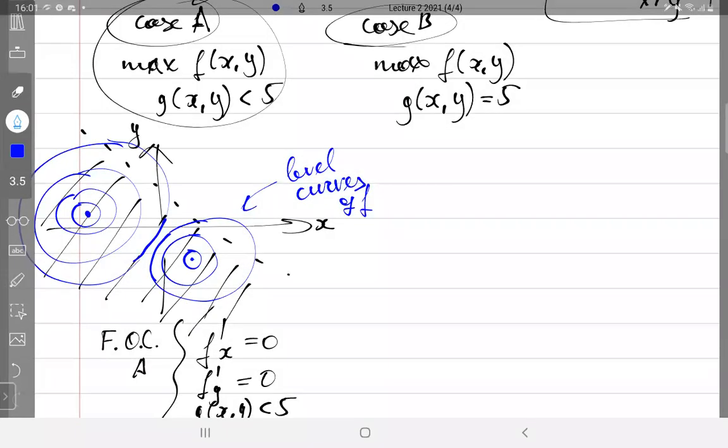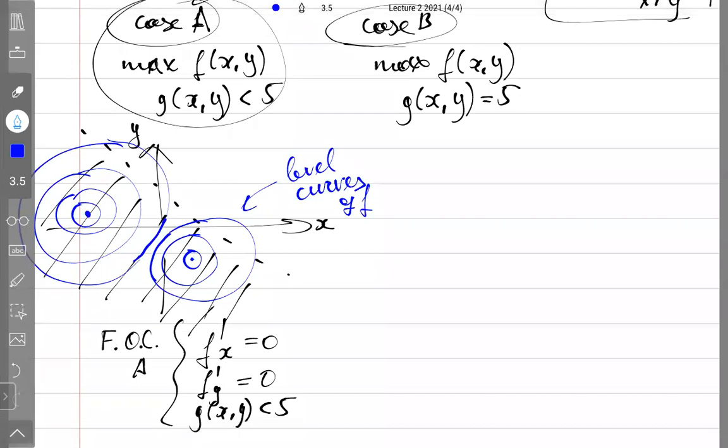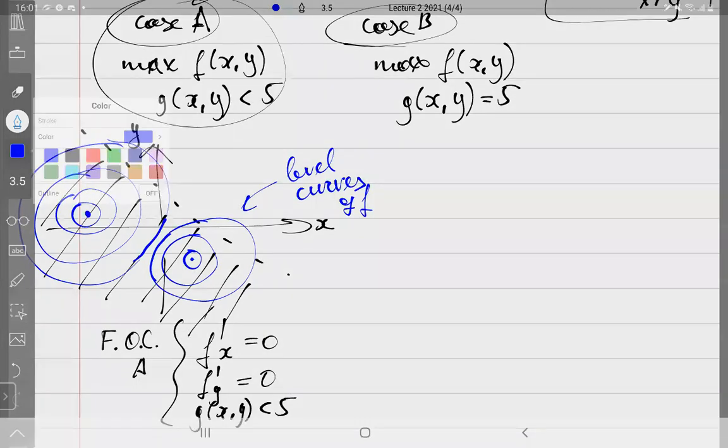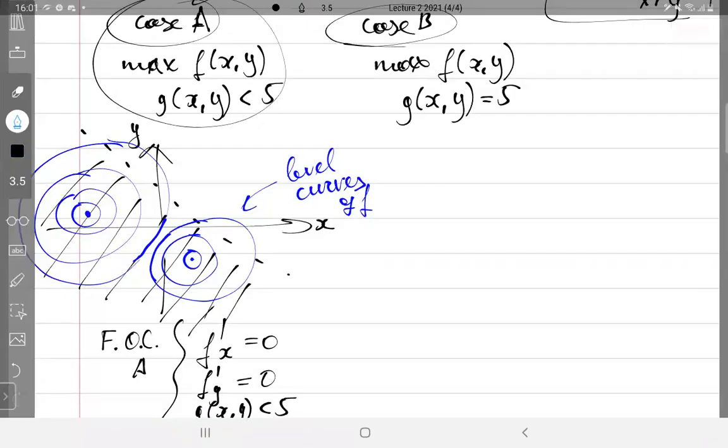So imagine that f is, for example, x times y equals 5. I should have two hills. So we have two hills. Not precisely for this graph, but in general. Okay, I think I've got the idea. Let's continue with case B.